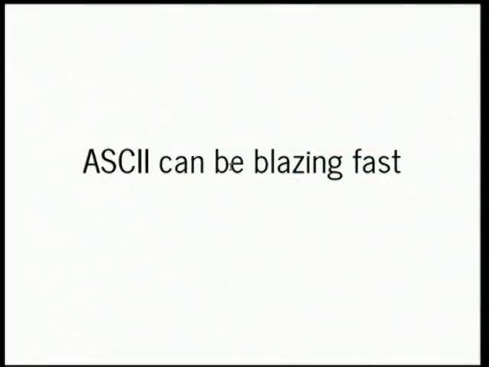The performance characteristics of PEP 393 are much more complicated. In many ways, it's a lot faster on ASCII strings than normal Unicode, because we can identify when we have an ASCII string, and then we can use the operations that are usually the simplest.